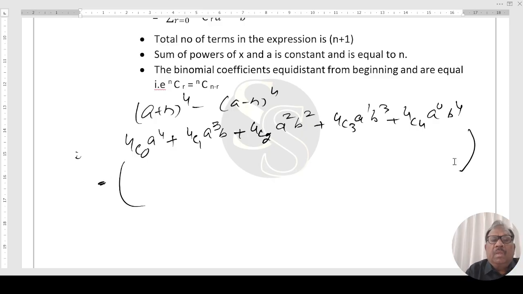In (a−b)^4 the terms will be the same, only the sign difference will be there.